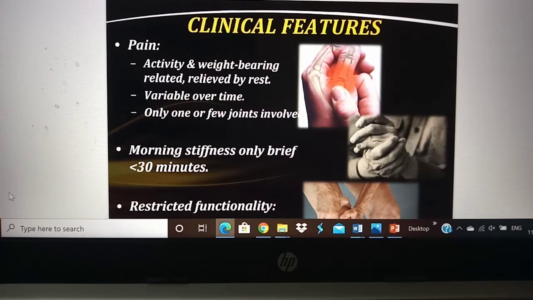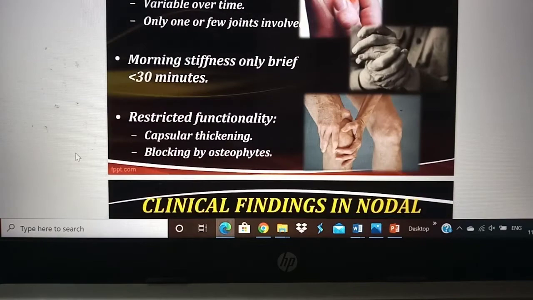One of the main aspects of osteoarthritis is that only a few joints are affected, hip or knee or both, unlike rheumatoid arthritis, which we will see in the differential diagnosis. Usually in osteoarthritis there is morning stiffness that lasts for less than 30 minutes. Because of the pain, the person can have restricted functionality.